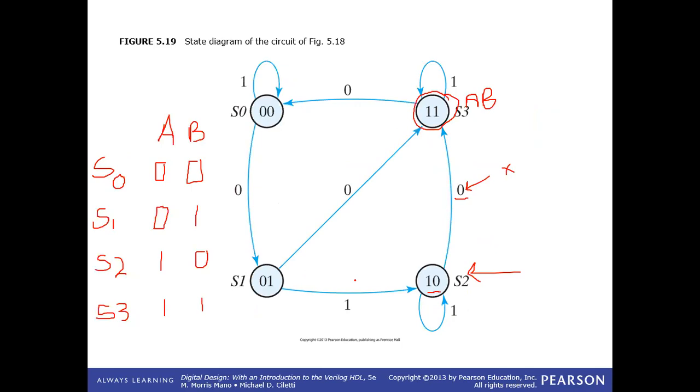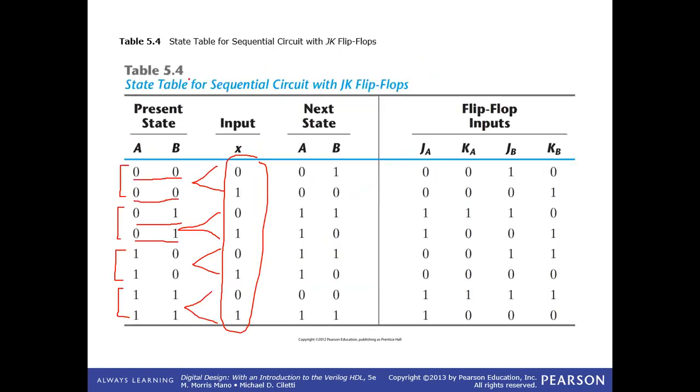Yes, sir. In this diagram over here, if you see the state 0 1 0 0, what's this telling us? That if we have A0 and B0 and we apply input 1, what happens to the state? It will remain the same. Yes. Now let's see. If we have 0 0 and we apply input 1, what happens is A and B still remain 0 0.